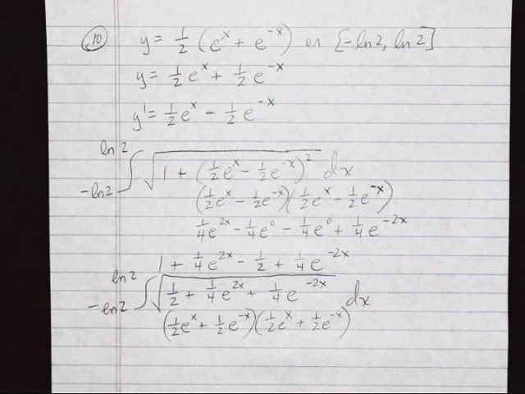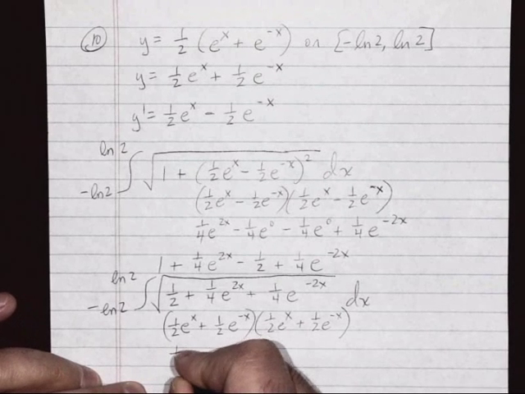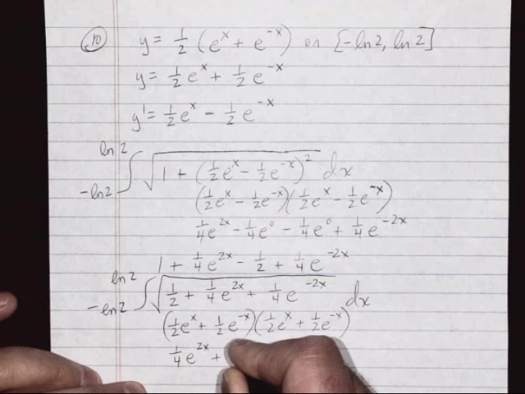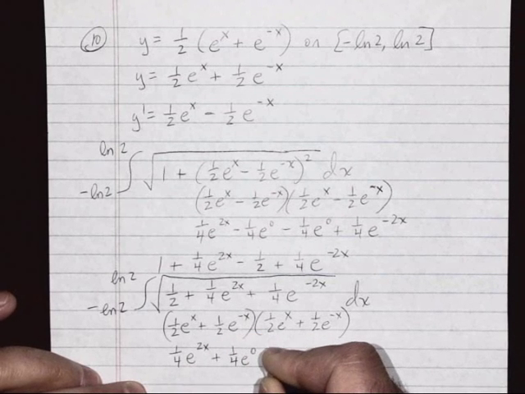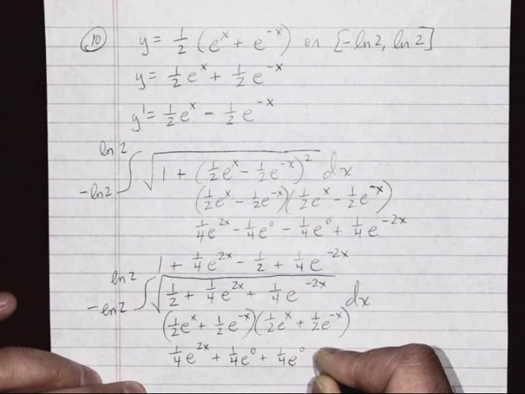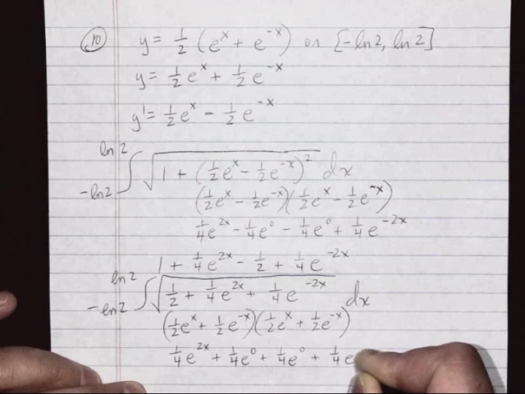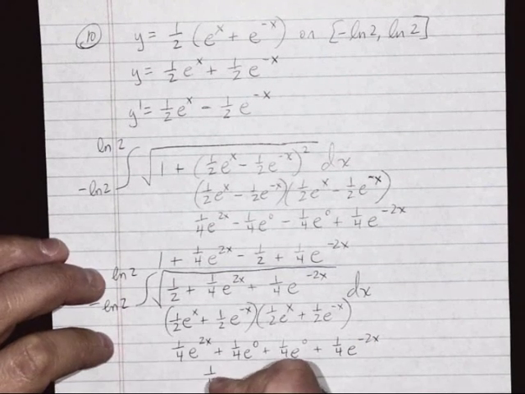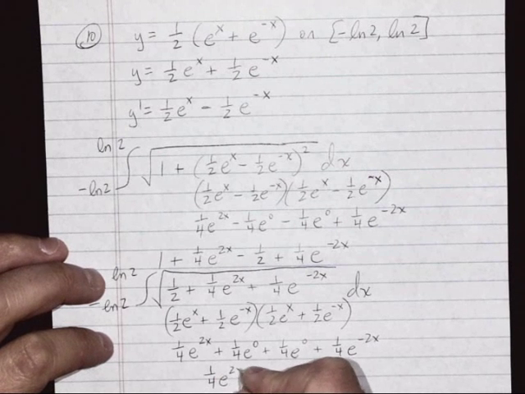And this part may be a little bit of trial and error, just to try to get something that's going to work. So if I expand all of that out, I'm going to get 1/4 e to the 2x plus 1/4 e to the 0, and I know that e to the 0 once again is going to be equal to 1. Anything to the 0 power is equal to 1. Okay. So let's see what happens. Is that going to give me what I had initially?